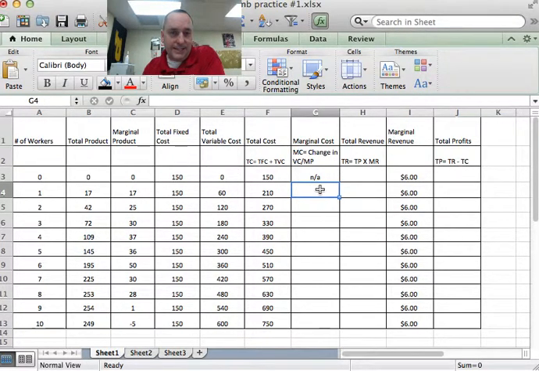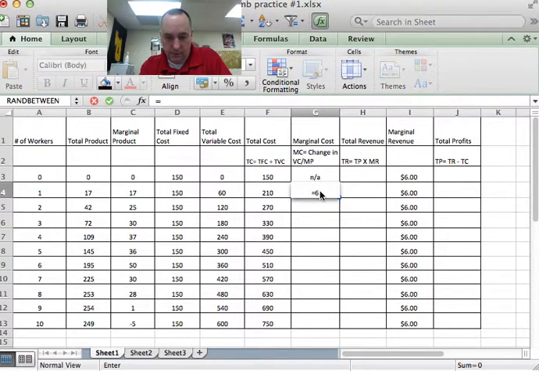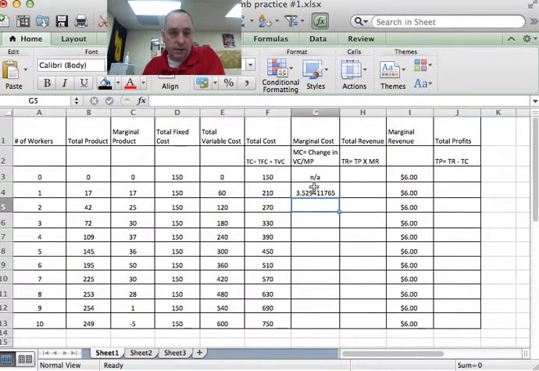So I'm going to take 60 divided by my marginal product, and I come over here and I get 17. That's going to give me $3.53. In other words, what this is saying is, how much did it cost me to make each one of these 17 books or whatever?